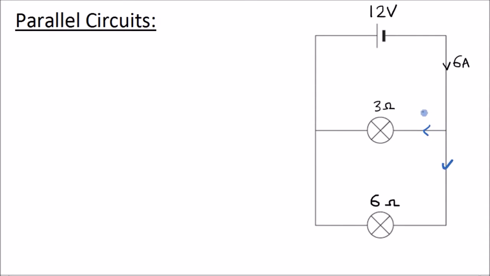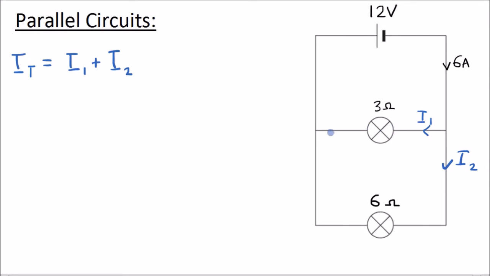So if we label this I1 and I2, we know that the total current, 6 amps, is equal to I1 plus I2. And if there were more branches, then you'd have plus I3 plus I4, etc. So I1 will be bigger than I2 because there's less resistance there.